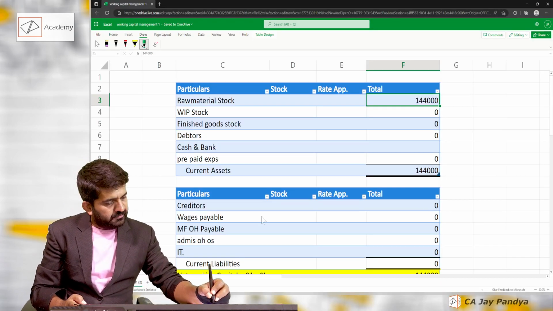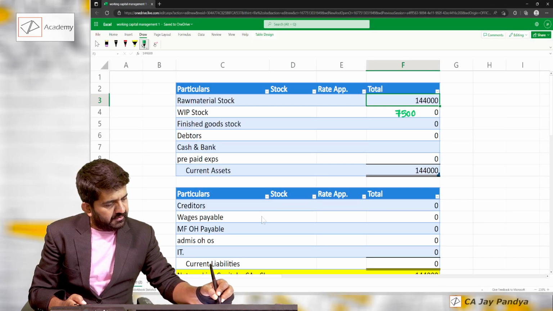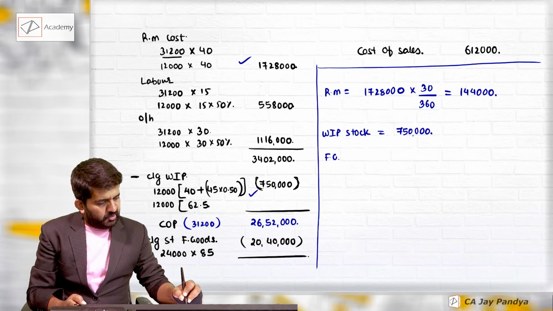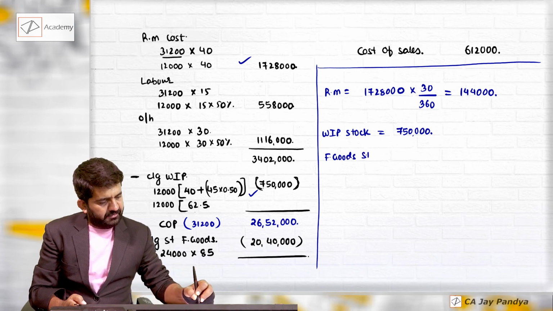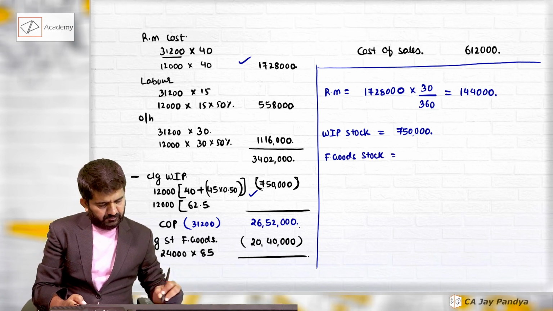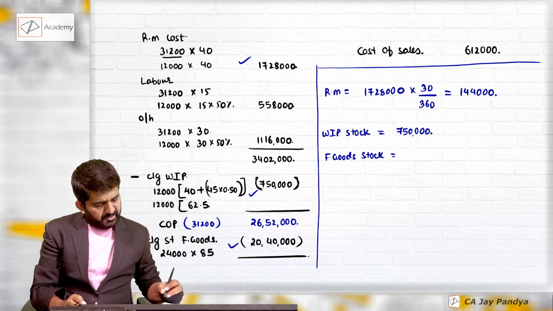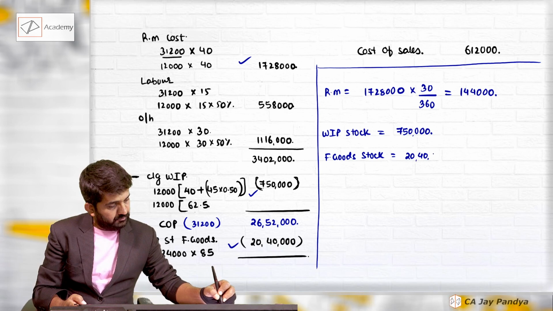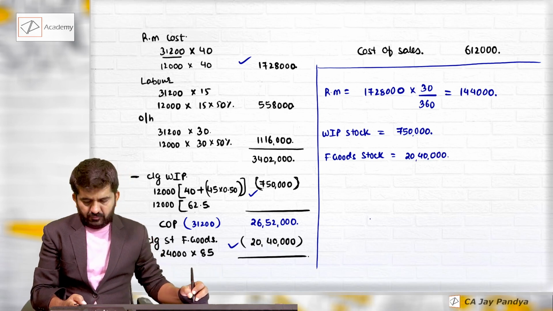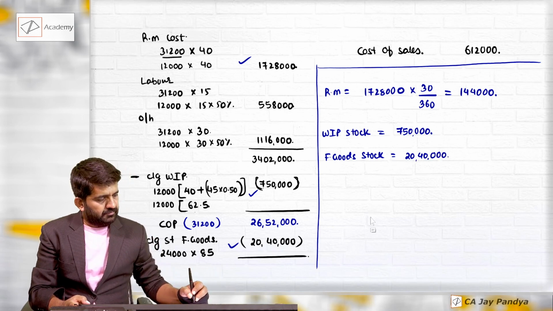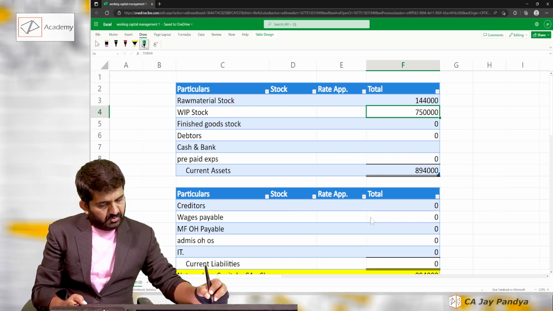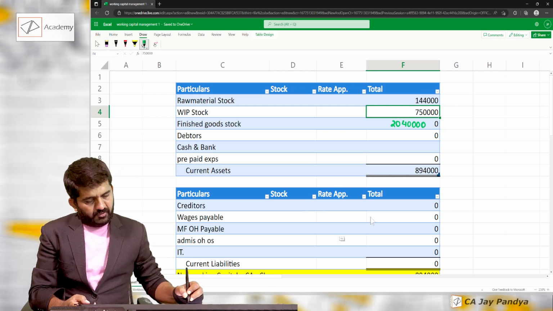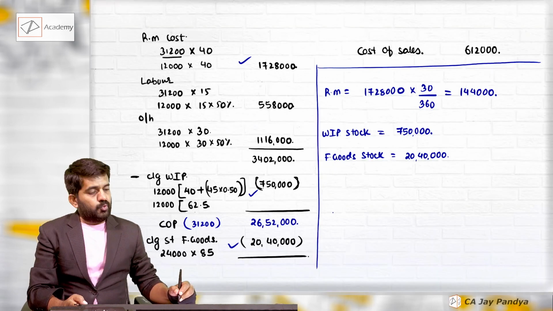Finished goods stock I also have in my cost sheet, which is 20,40,000. Finished goods stock is 20,40,000. Let us go to debtors.